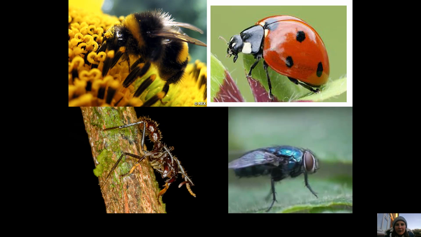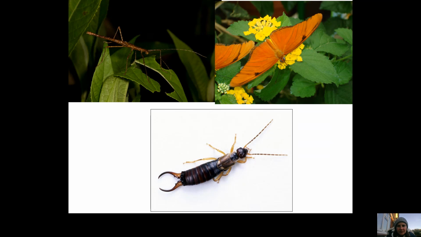So at the top, we've got a bumblebee and a ladybird. And then at the bottom, we've got an ant and a fly. I wonder if you can get the next 4. Fantastic, year 2. We've got a stick insect, a butterfly, and an earwig.